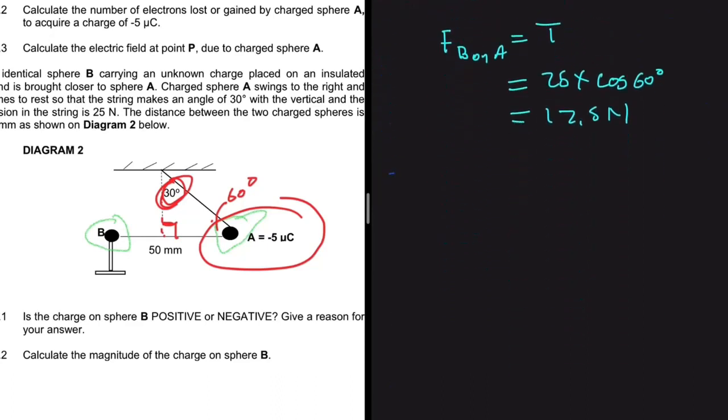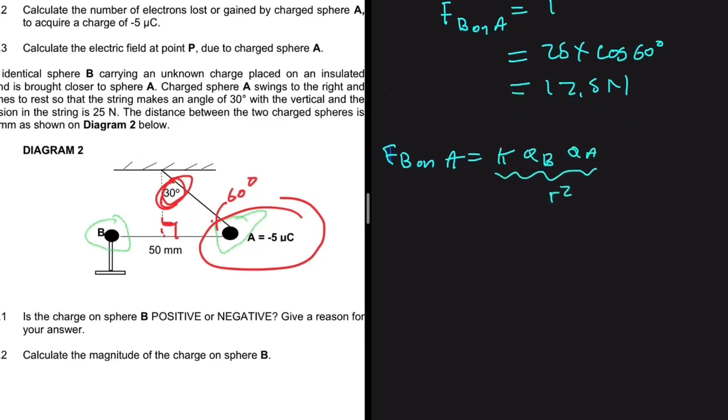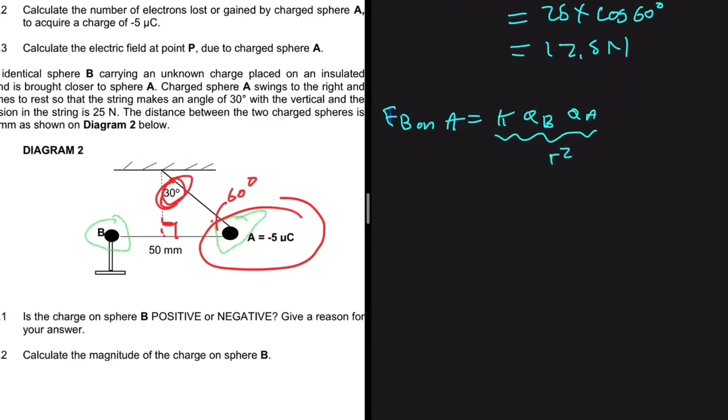So now we can say FB on A is equal to K, the charge of B, the charge of A divided by the distance between them squared, right? So what is FB on A? FB on A, we know fully well that that's 12.5, right?